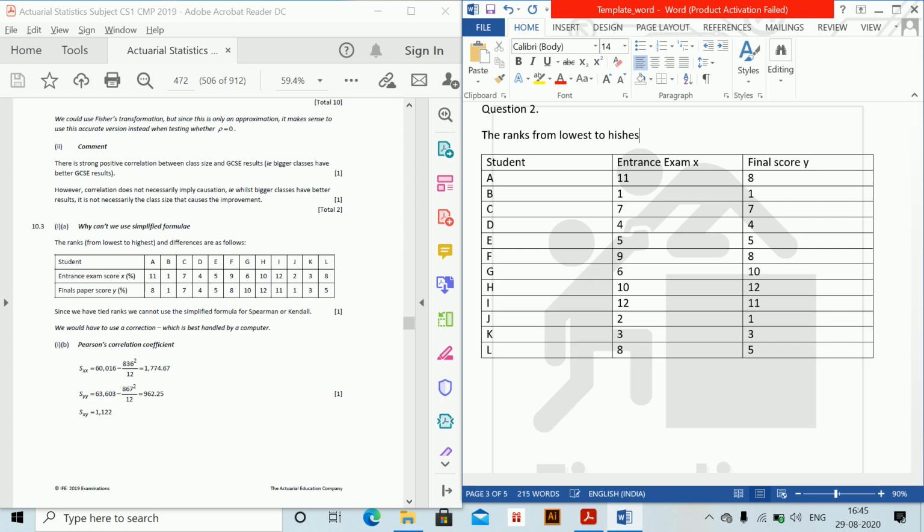And since we have tied ranks, we cannot use the simplified formula. Okay, as simple as that. You can see there is this 5 appearing 2 times over here, whereas there is no tied rank in the other, but here there is a tied rank, so we cannot use it.